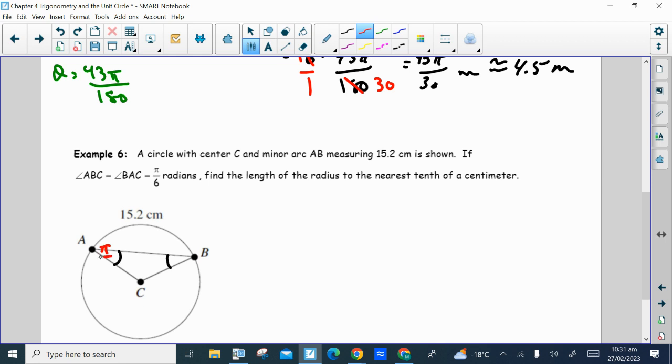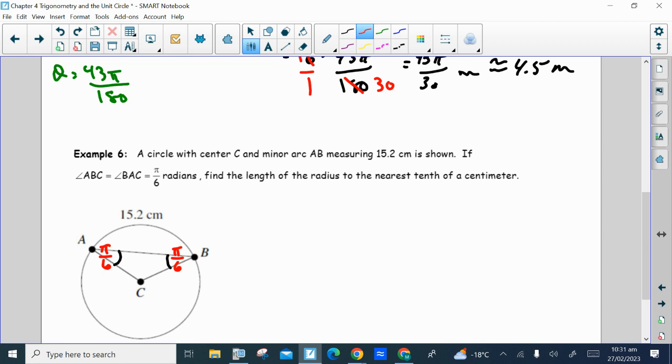So this angle is pi on 6, and this angle is pi on 6. So we have the length of the arc, we have those two angles, we want to find r, the radius.